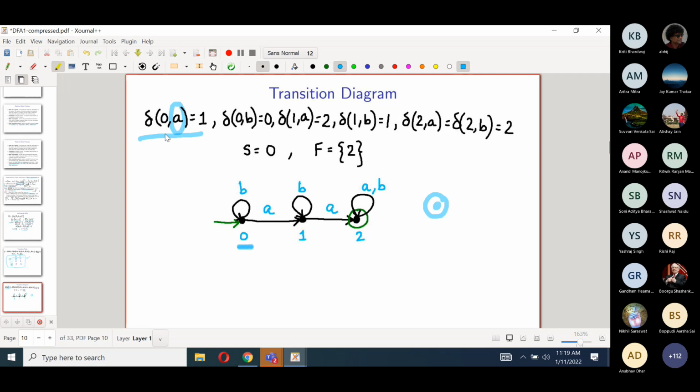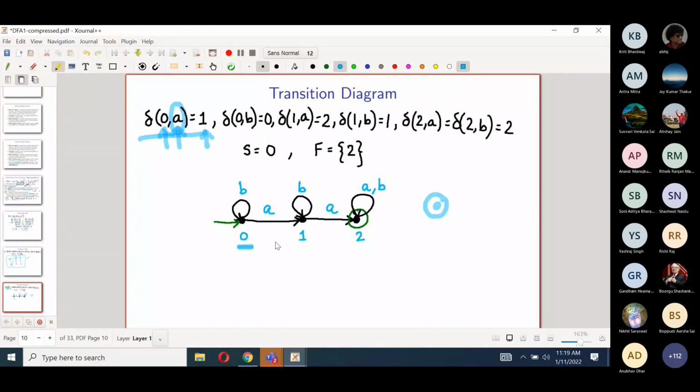So if I wanted to visualize that state 0 on reading input alphabet A goes to state 1 in the next step, from the node corresponding to 0, I put a directed edge to the node corresponding to 1 and I put A on top of that. This denotes the transition from 0 to 1 when the machine is reading the symbol A.